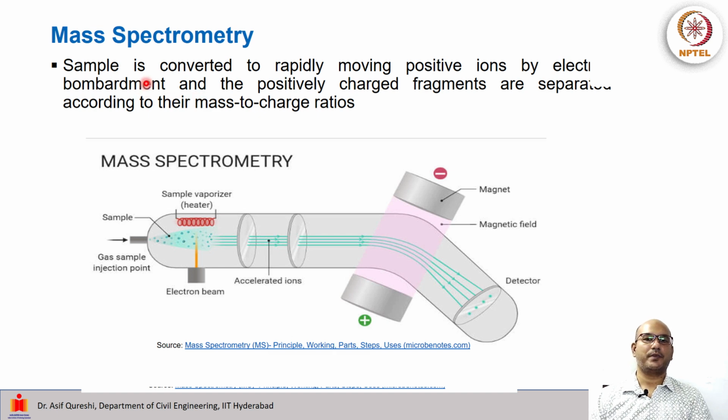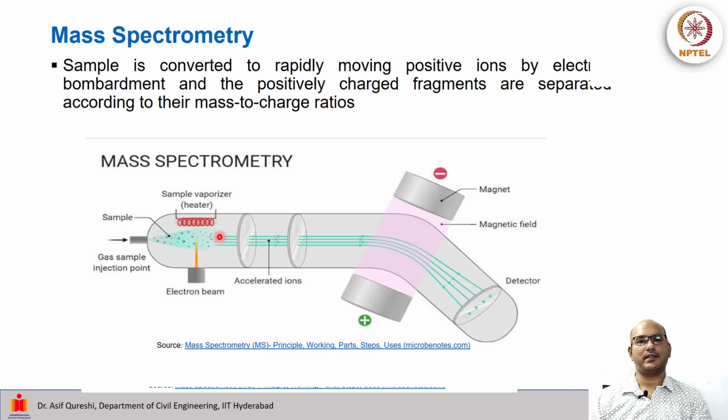In mass spectrometry, the sample is converted to rapidly moving positive ions. So let us say this is our gas sample injection port, and here we have the electron beam and the sample vaporizer. Through this ion bombardment, we have the positively charged fragments of the analyte in question.